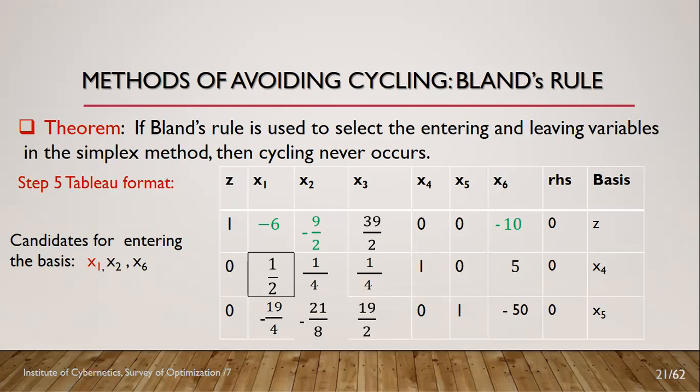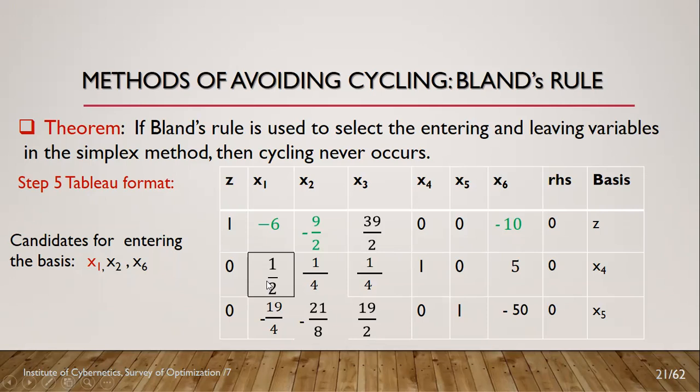Now let's refer to the same tableau which we considered before, in the example at step 5. What did we get previously at step 5? In row 0, we have 1 for the z coefficient. Then for x sub 1, we have the coefficient -6. For x sub 2, the coefficient -9/2, then 39/2, 0, 0, -10, 0, 0.